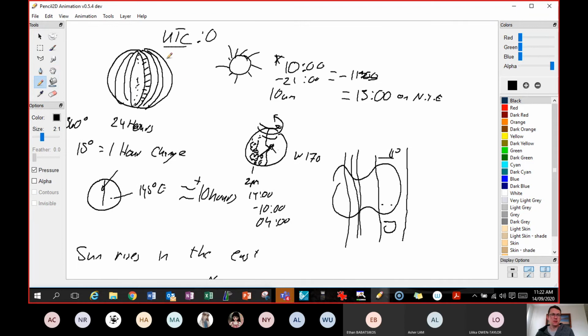If it's 0, the UT sign here is 0. If you move easterly, you're adding time. If you move westerly, you're going to subtract time, because these guys haven't had their day yet.